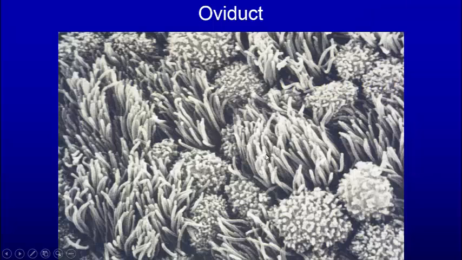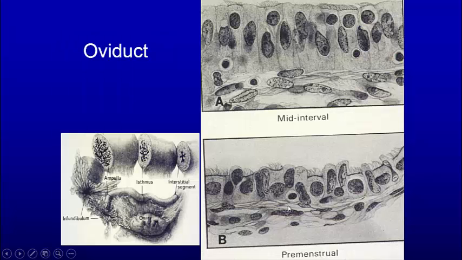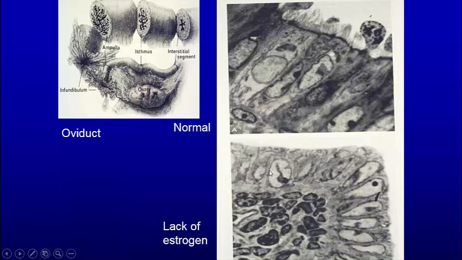You can see ciliated cells on there and some goblet cells as well. The height of these cells depends upon estrogen, whether they're tall or not. This is premenstrual, and this is mid-cycle, so this would be fully developed, and this would be recovering.